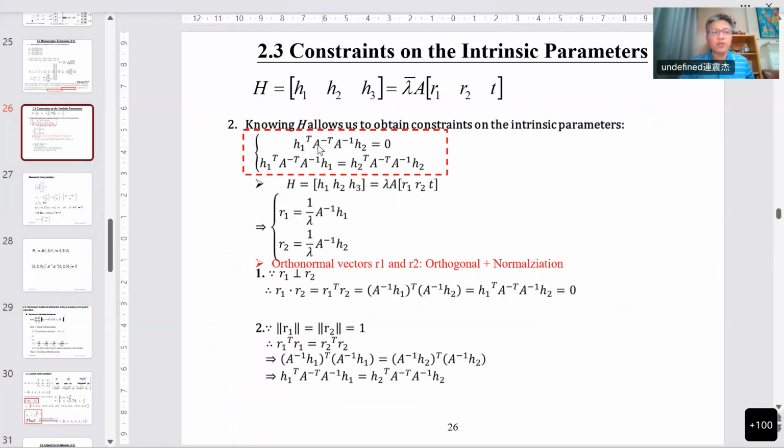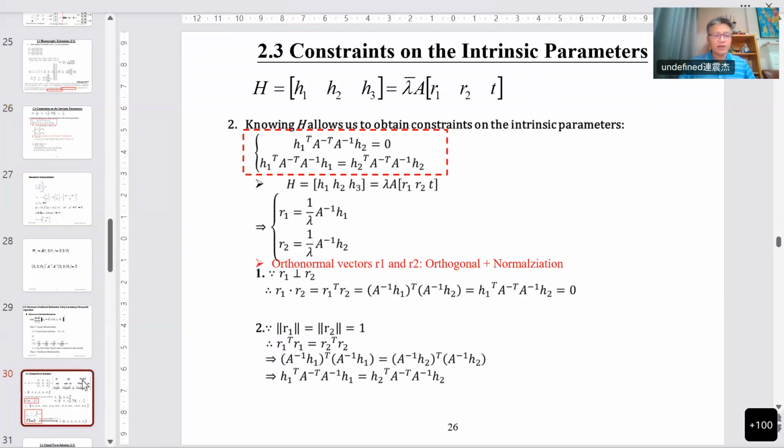They assume A times A becomes B, because they have A times A here, and it is a symmetric matrix. So it's B. So it becomes H1 B H2, and H1 B H1 minus H2 B H2 equals 0.